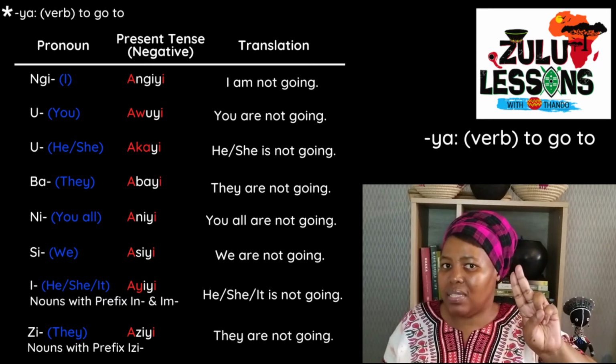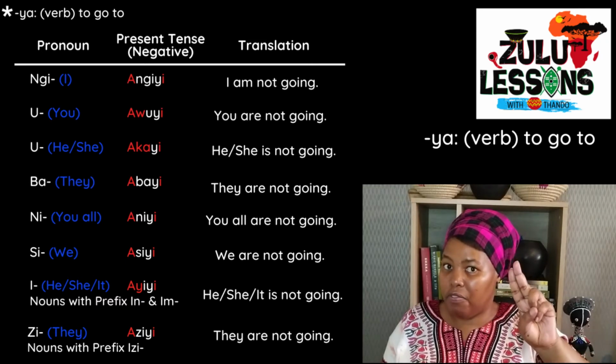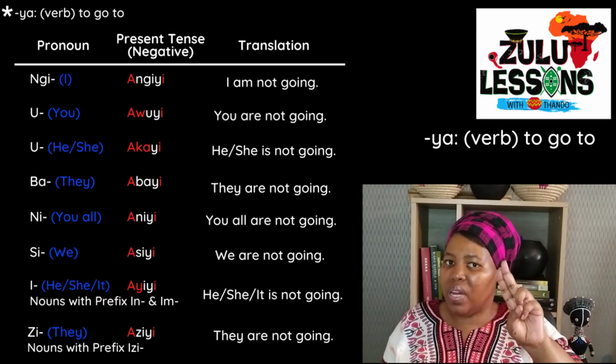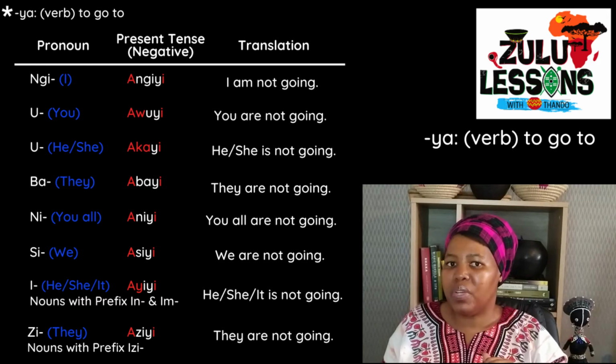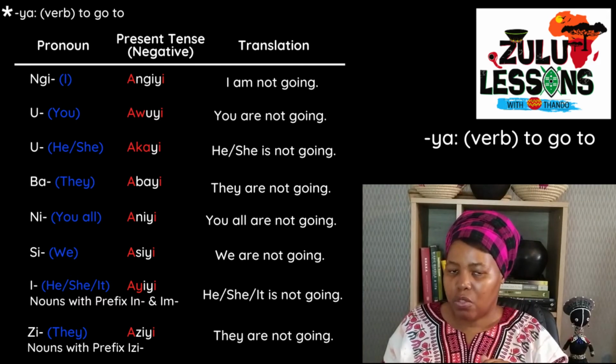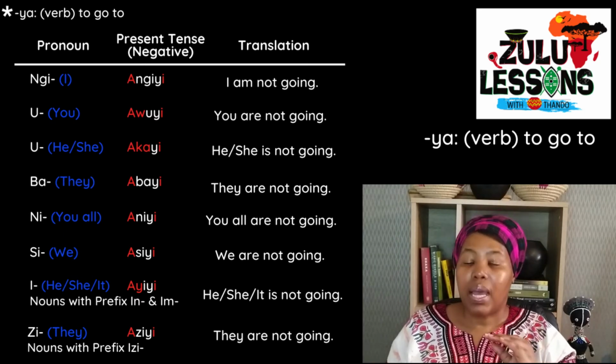In some circumstances, like for example in a conjunction, we would blend those vowels. And in this case, when we have these 2 vowels together in a verb like this, then we will put a consonant between them. So this one is a U, so we are going to put a W. So awuyi, you are not going.